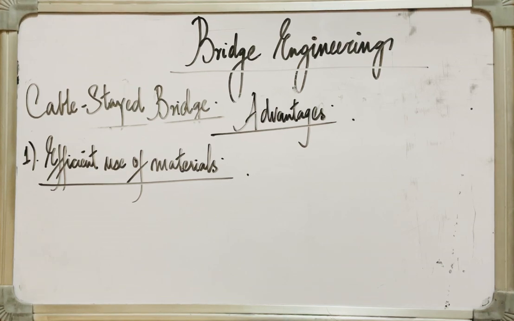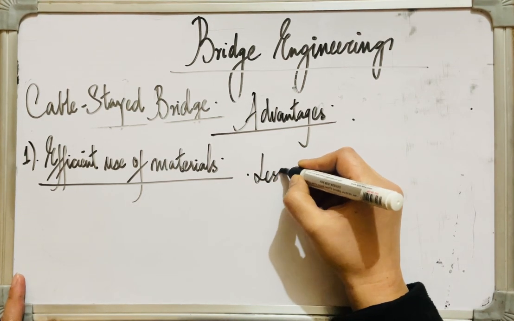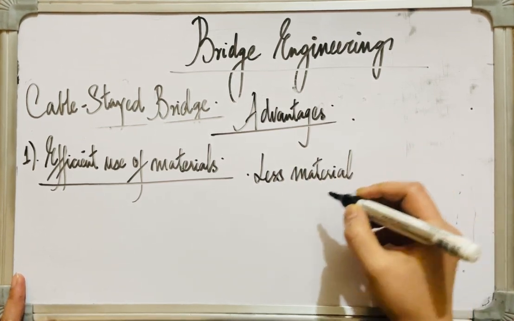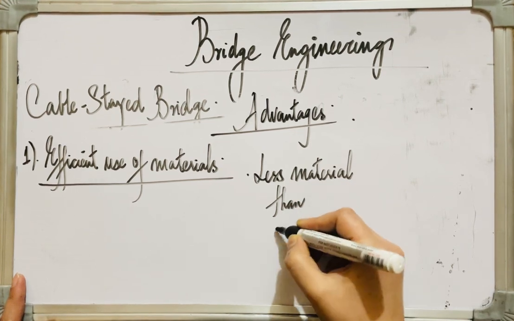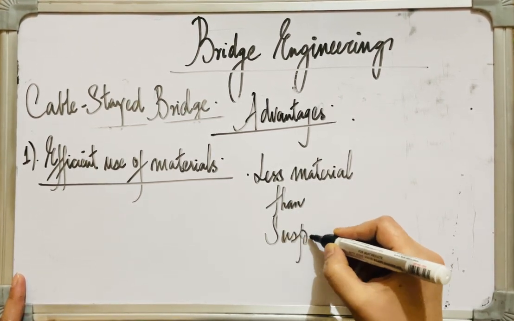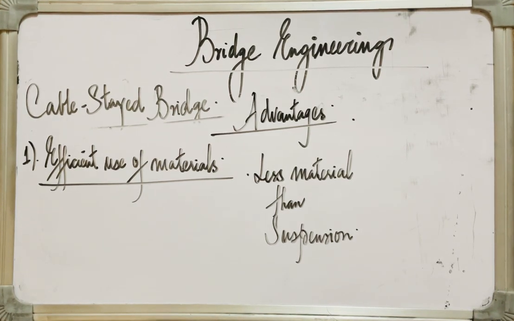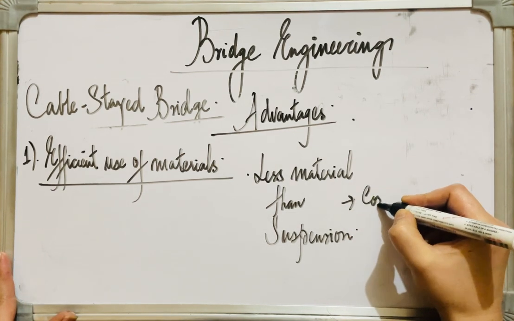Cable stayed bridges use less material than suspension bridges, thus making them cost effective while still being structurally sound. So they are cost effective.